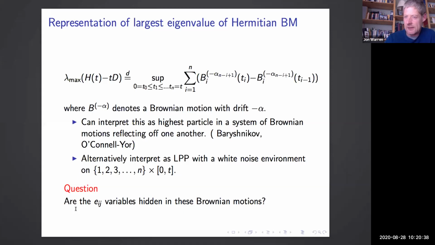I think if you'll let me make one other comment about identities in law. One thing that's always worth bearing in mind is that sometimes there can be absolutely no relationship between the random variables on the left-hand side and the right-hand side of an identity in law, and they just happen to have the same distribution. I think that happens because if you're looking at nice random variables in nice models, then you hope to get nice distributions.